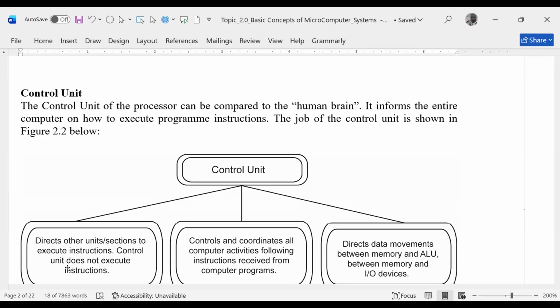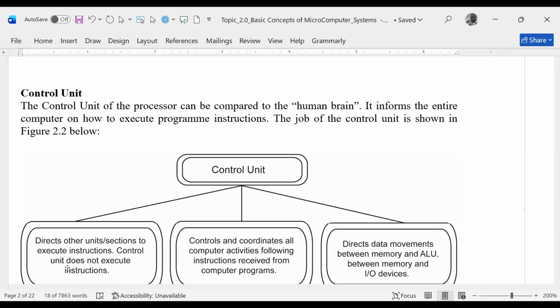The control unit, as said, can be compared to our brain. The job of this control unit is to instruct other components in a computer system to perform their jobs. So if you want to save something on a hard disk, it's the control unit that instructs the hard disk to save something or open something from the hard disk.